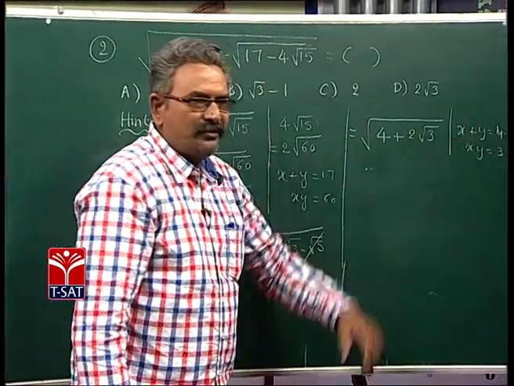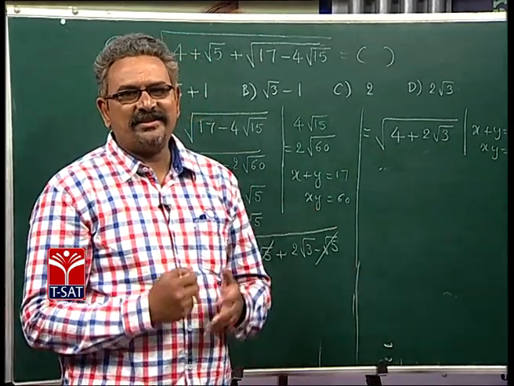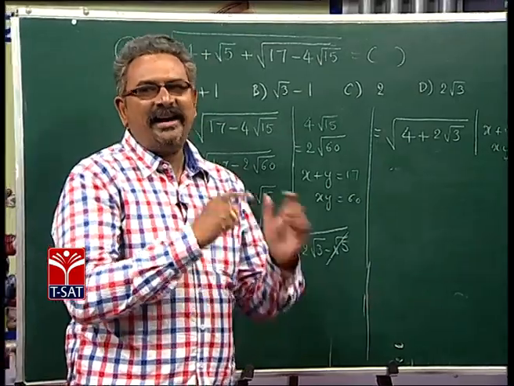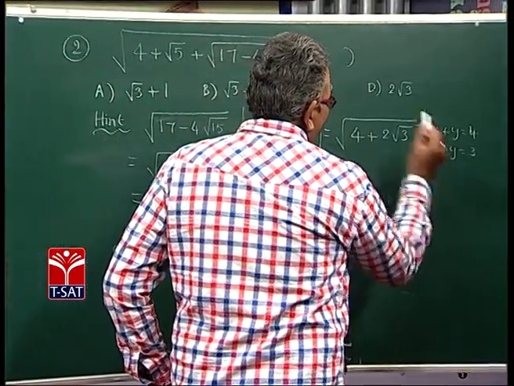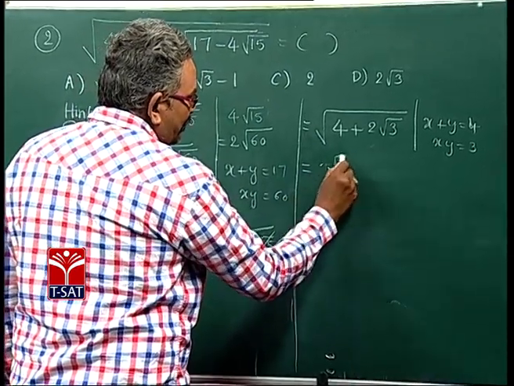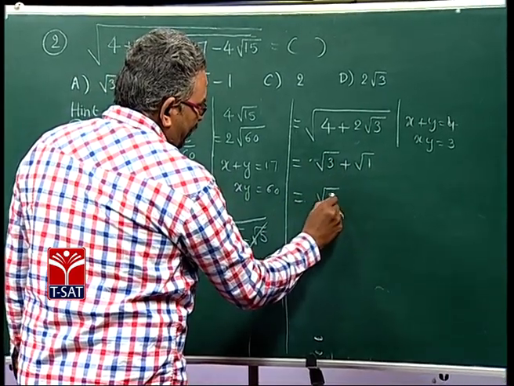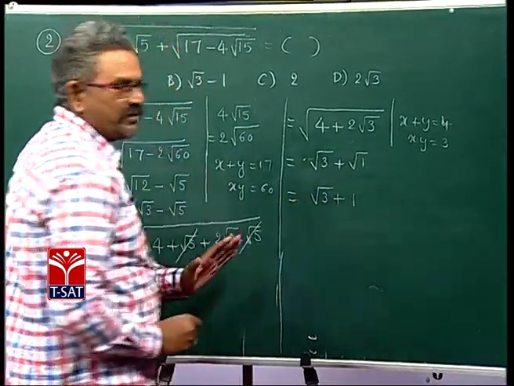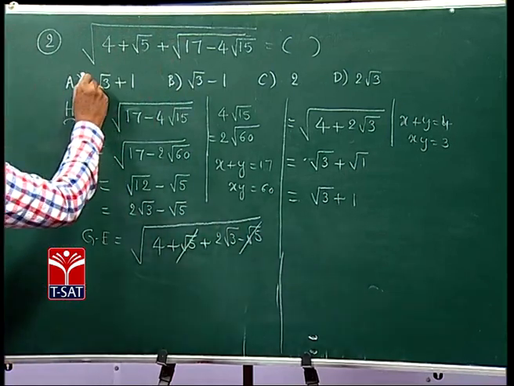Sum is 4, product is 3. 3 is a prime number, only two factors, 3 and 1. So that means 3 plus 1, 3 into 1. So this is root x plus root y, that is root 3 plus root 1. So root 3 plus 1 is our answer. So which is the right option? Yes, A.